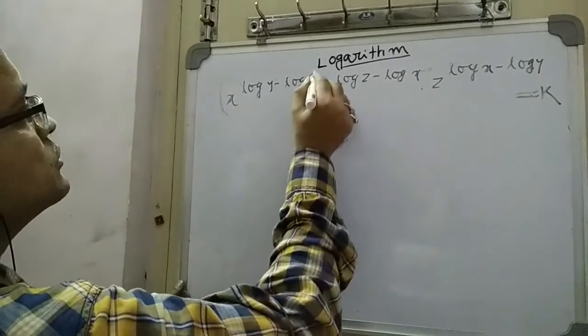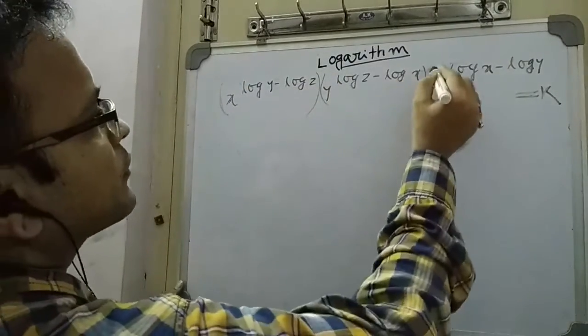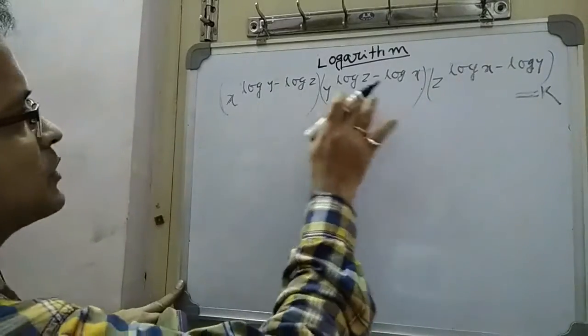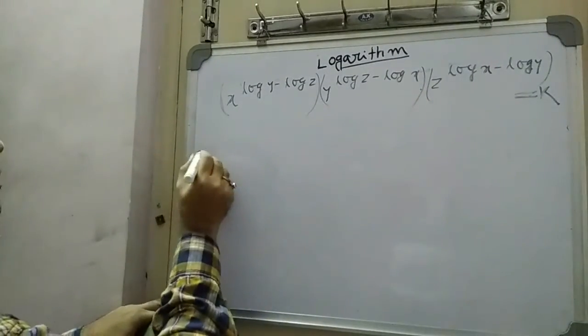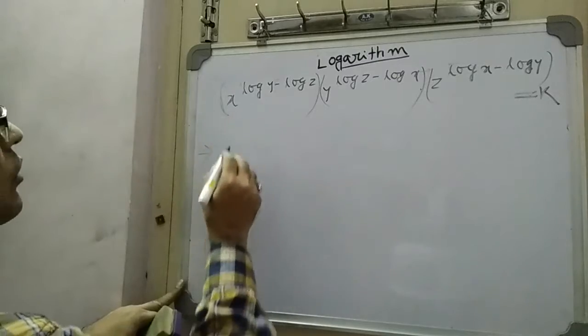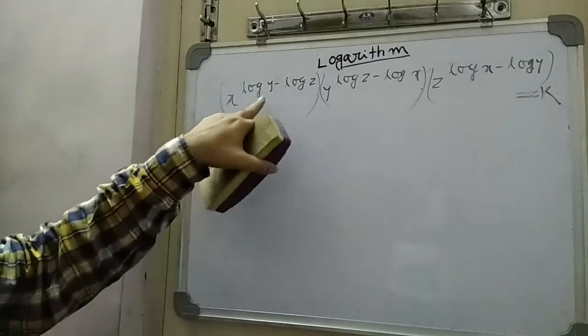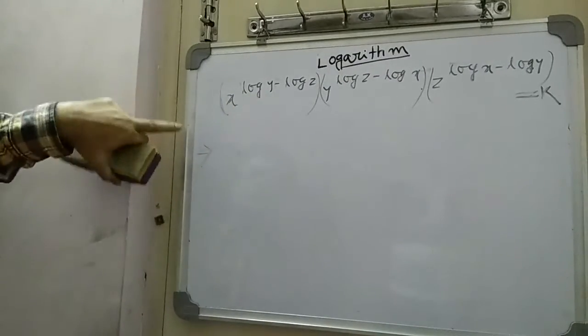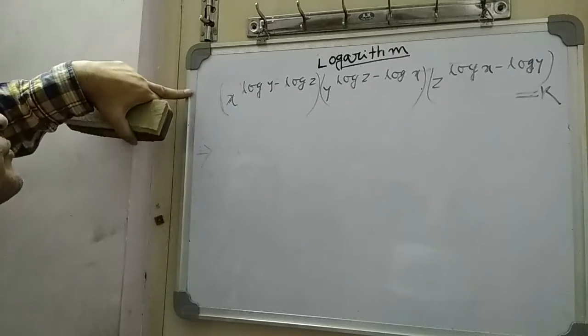So actually this and this, log of this plus log of this plus log of this. When it becomes log of this one, again the power comes to the beginning. I am just giving a one-step jump.